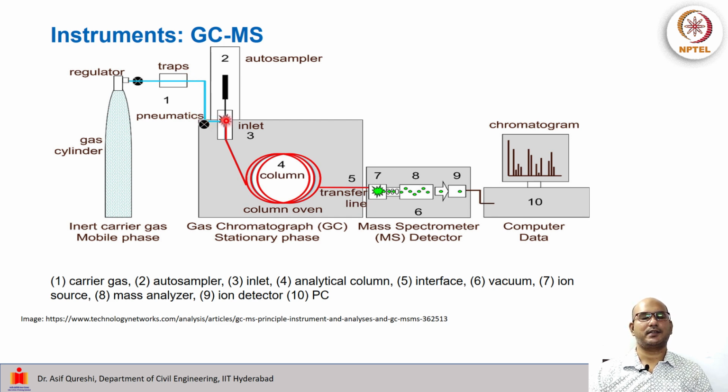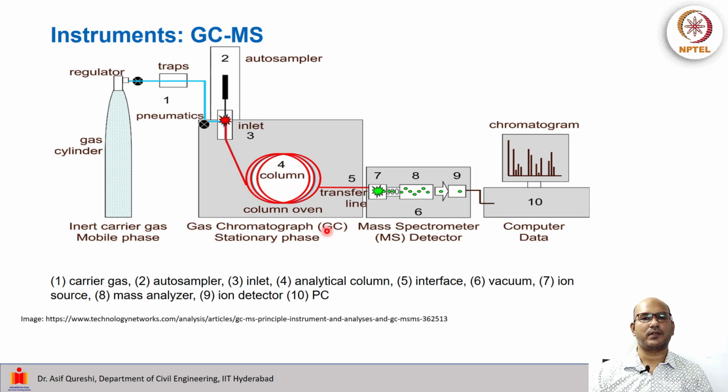Then it arrives at the injection area. An auto sampler, and also it could be a manual sampler. This is where the sample is injected to the inlet, and then the carrier gas takes it to the column.